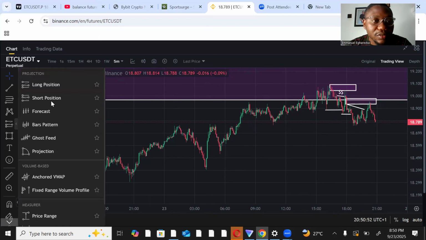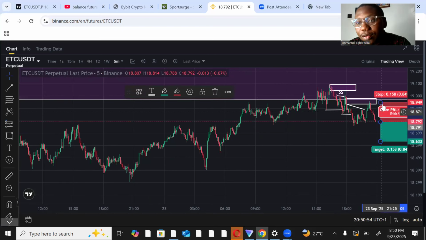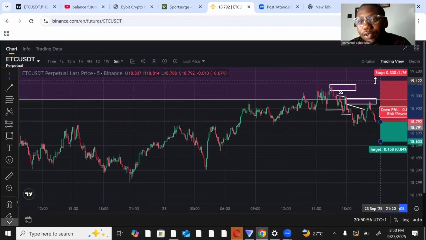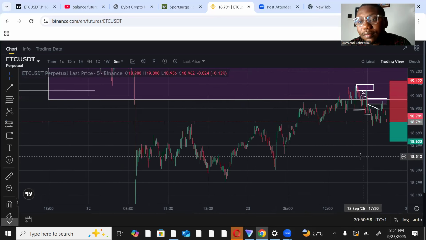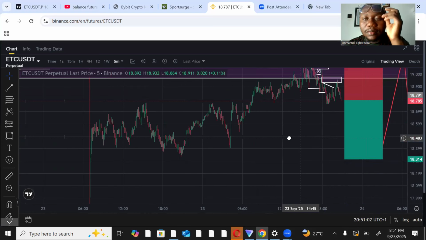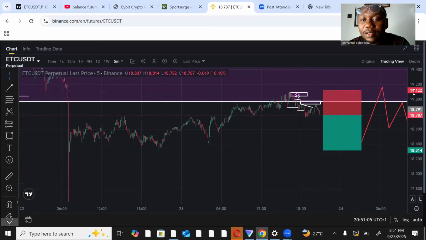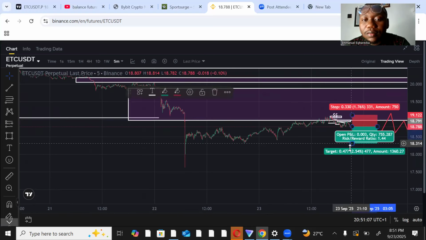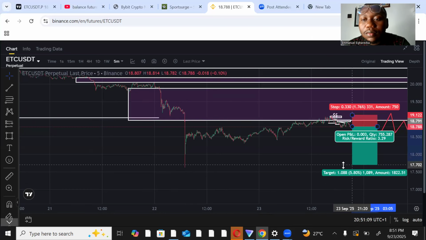So let's see what our risk to reward will look like. We're going to sell from here. Put your stop right above, and drive price all the way down. That's some sweet 1 to 3.